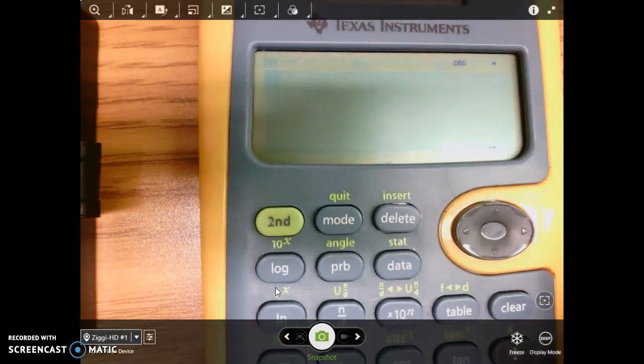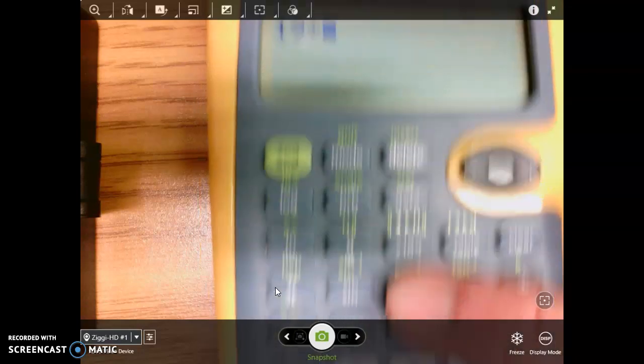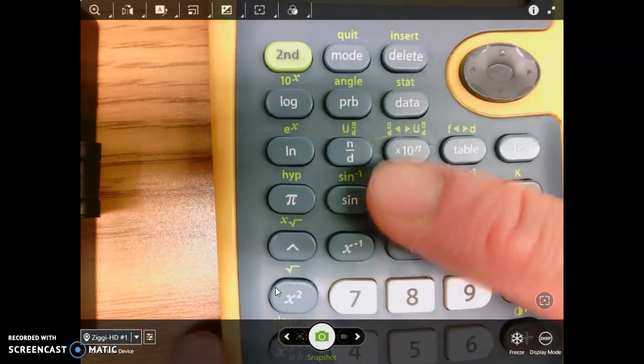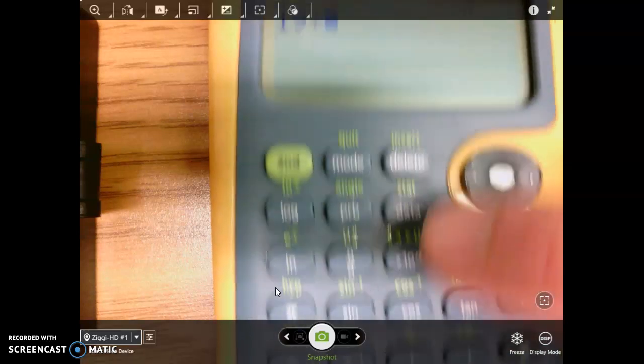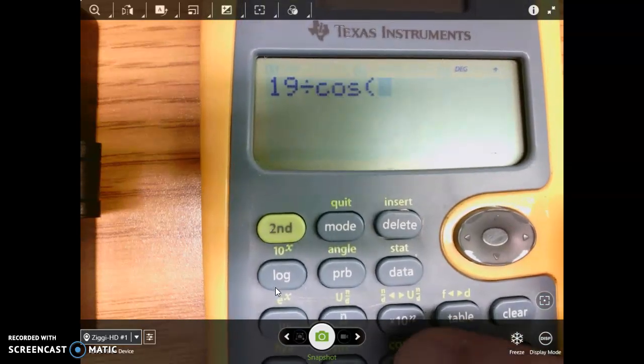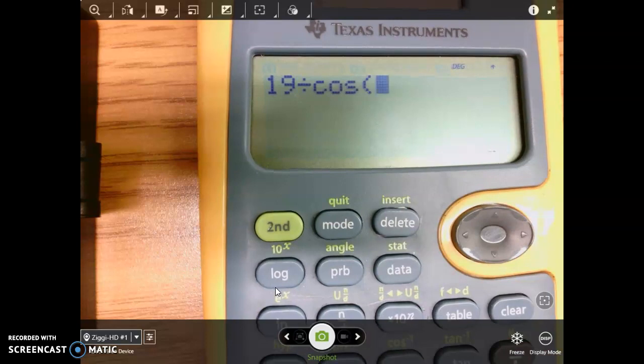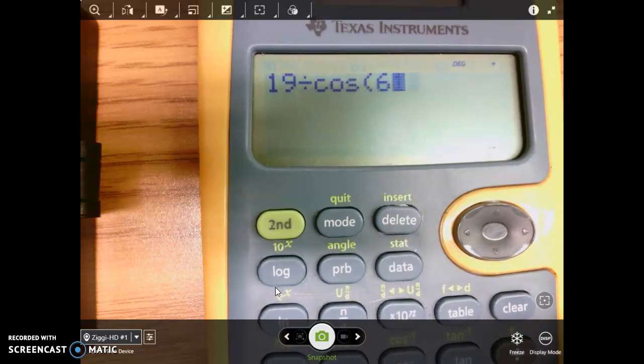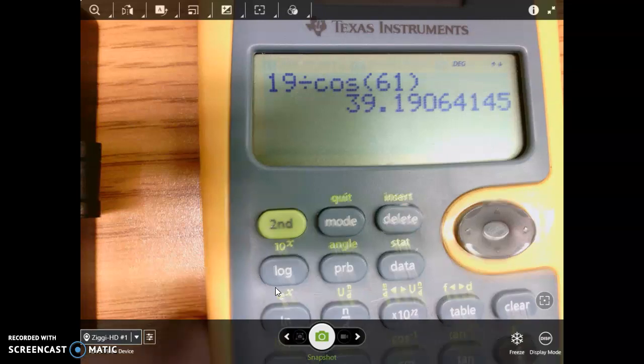So we're going to take 19 divided by the cosine, and then I just put in my 61 degrees. Hit my button, and then hit enter. It's about 39.19.